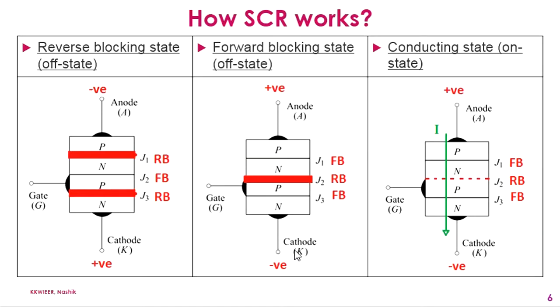A leakage current of very negligible magnitude flows through the device due to the drift of mobile charges, but again this current is insufficient to make the device conduct, which is as good as no current flowing through the circuit, so it is known as off state. So in both of these conditions, due to the reverse biased junction, the depletion layer will form and not allow the flow of current.